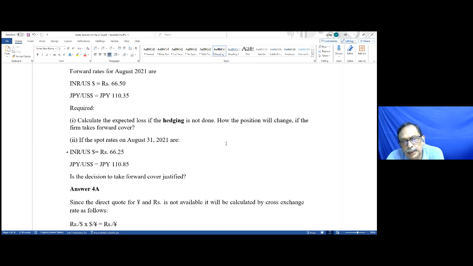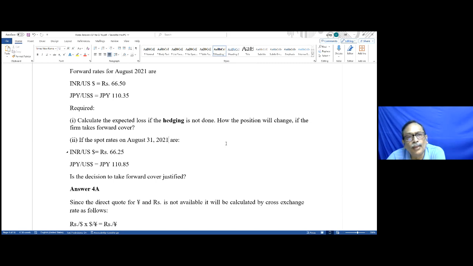Now, the question is, is the decision to take forward cover justified? So, we are required to justify whether forward cover should be taken or not.